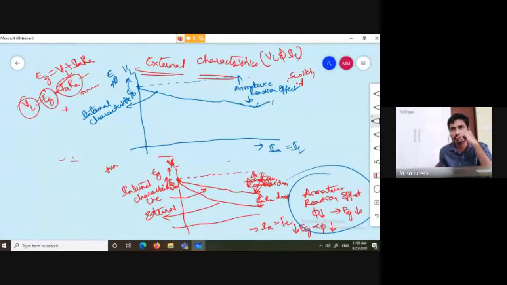If we subtract the IARA from this EG line, it will go downwards from the internal characteristics. At each and every point we need to subtract the IARA so that we get the V points, and the graph looks like this. This is the VL, and this drop is nothing but the IARA drop. These characteristics are the external characteristics.